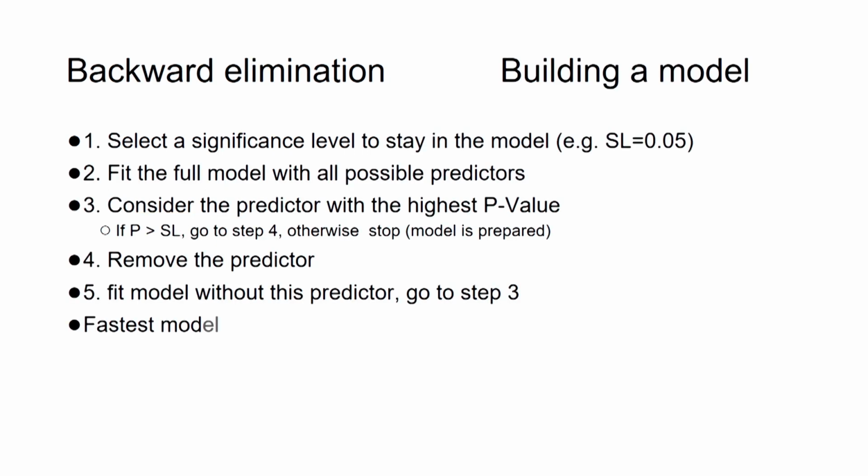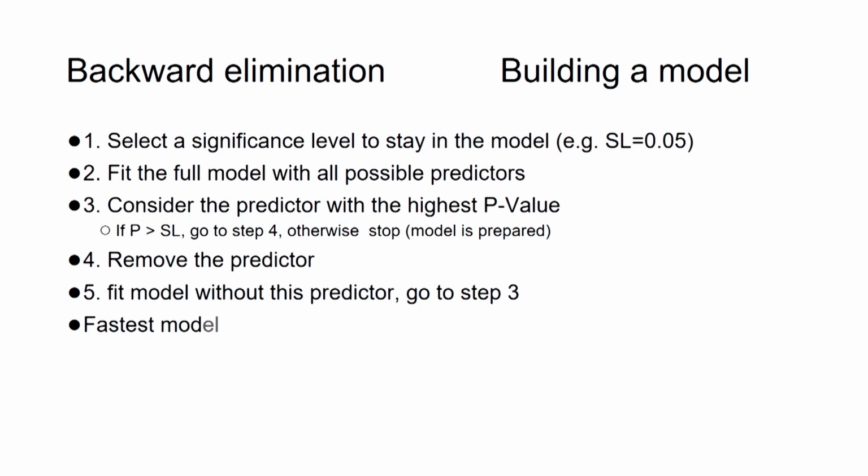So, backward elimination is a technique of building a model. What is this? First of all, we select a significance level to stay in the model. It means for an independent variable to stay in the model, we need to select a significance level. Suppose that is 0.05.